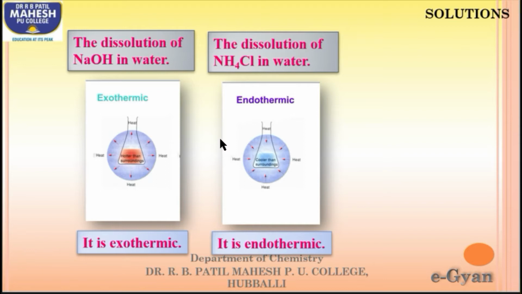It is because heat is liberated when a substance like NaOH is dissolved in the water. Whereas on the other hand, when you dissolve ammonium chloride in the water, the temperature will decrease. It is mainly because the process is endothermic.